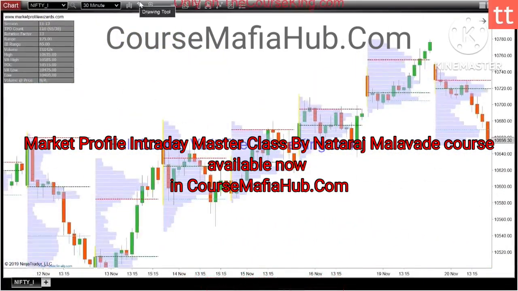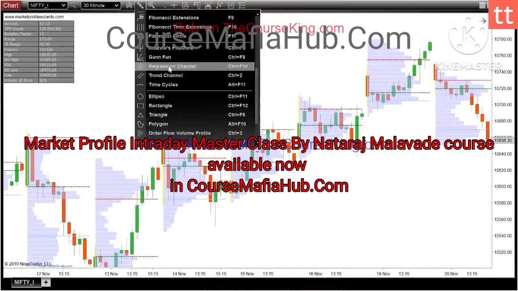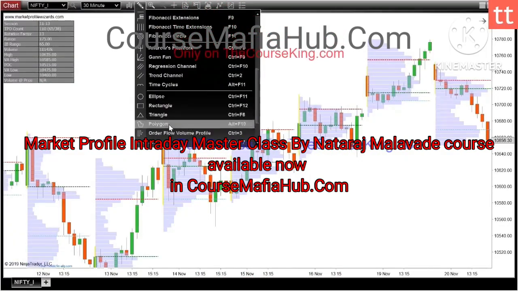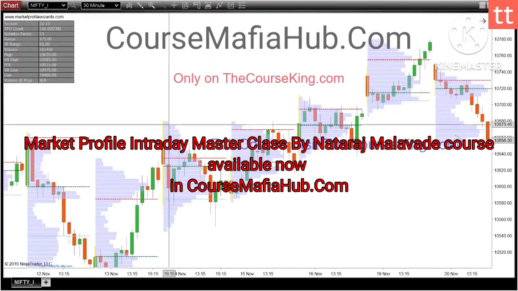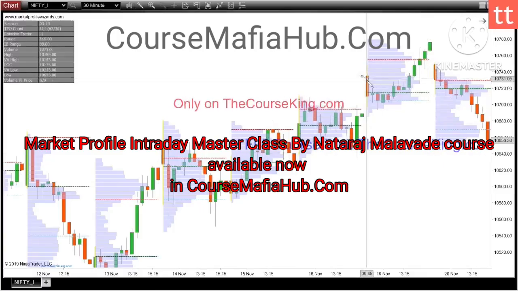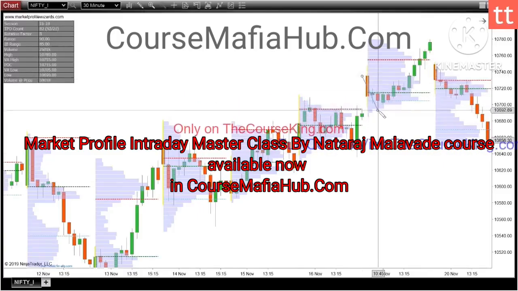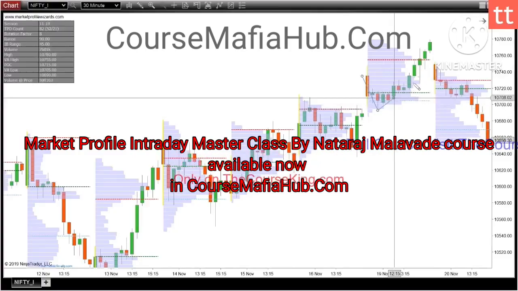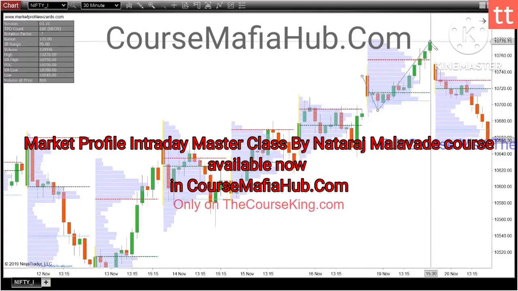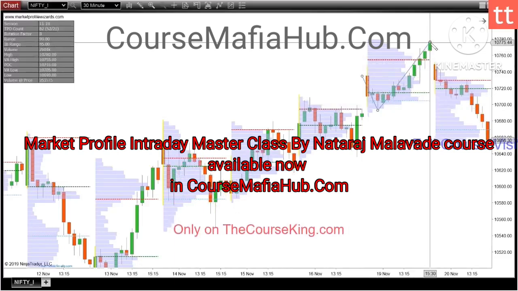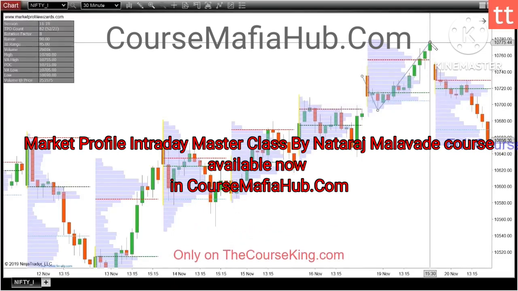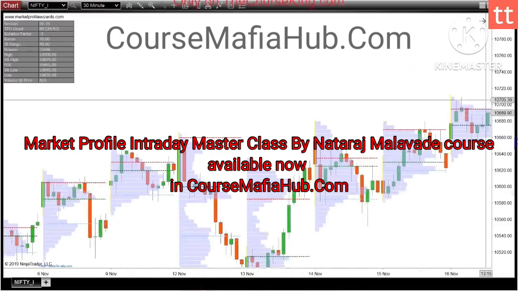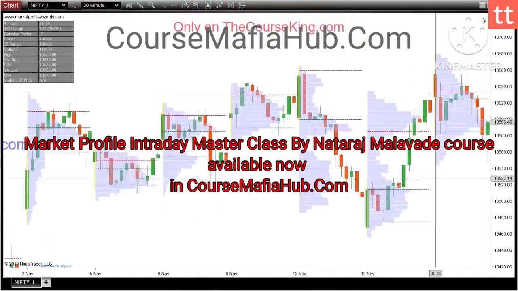Yes, we can see here, the market opened here, lacked initial confidence, and tested the previous day value area high, and then started to trade at the higher levels. So this is an example of open test drive positive. This is the open test drive positive, and we can see some more examples here.